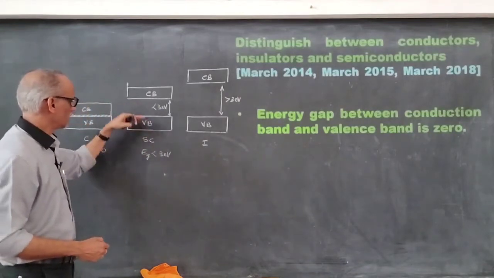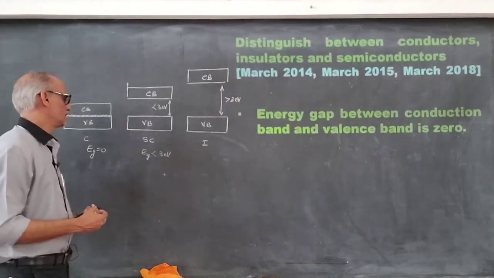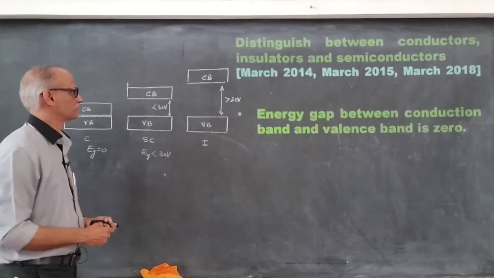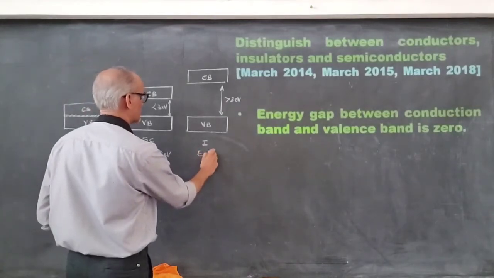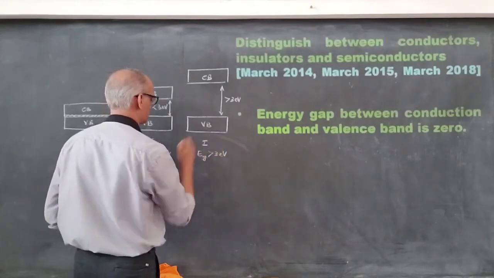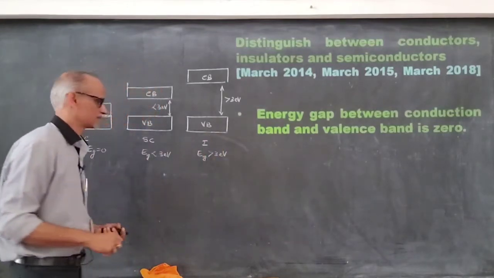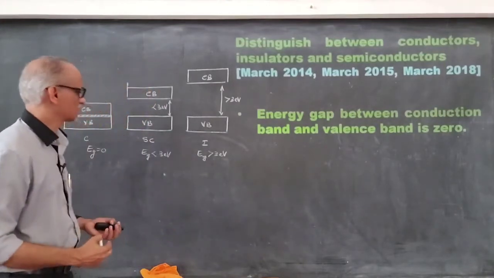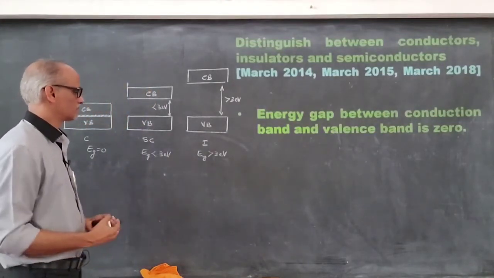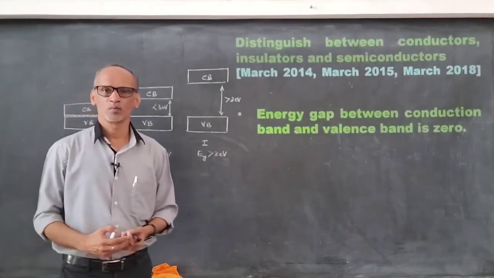Then the energy gap in the case of insulator is more than 3 electron volt. For example, in diamond, which is an insulator, the energy gap is about 6 electron volt.